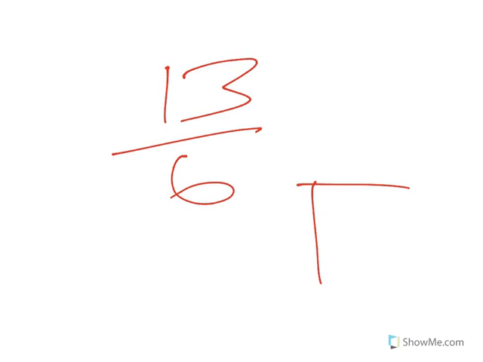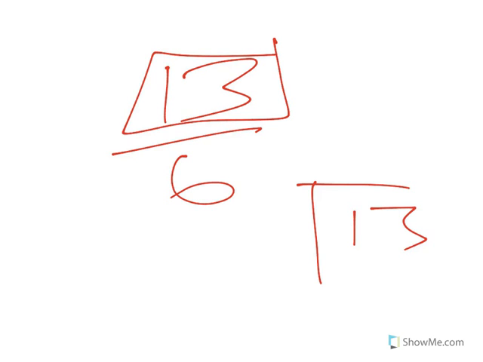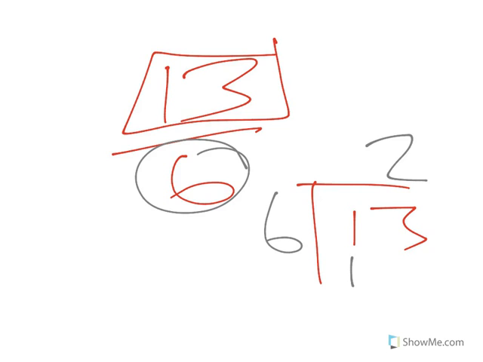Okay, I'll do that one more time. So if I have 13 over 6, remember, the bigger number becomes my dividend. That's my big number. And then my denominator is going to become my divisor. So 6 times what goes into 13 without going over? Good, 2. 2 times 6 is 12, minus, I get 1.